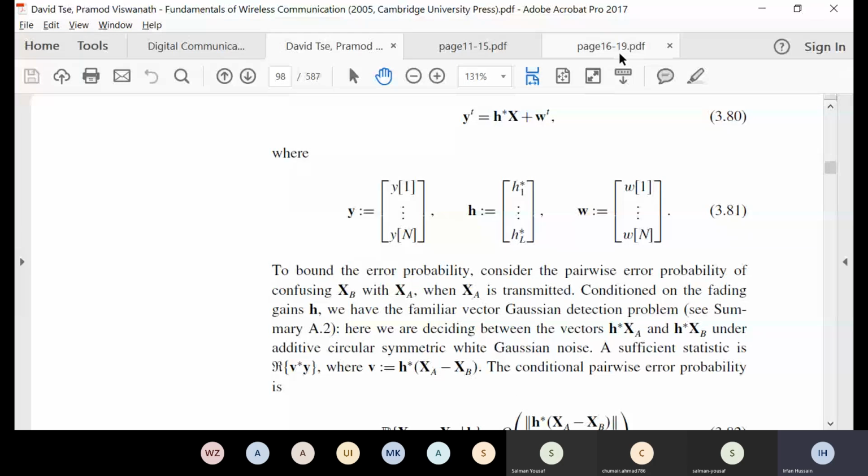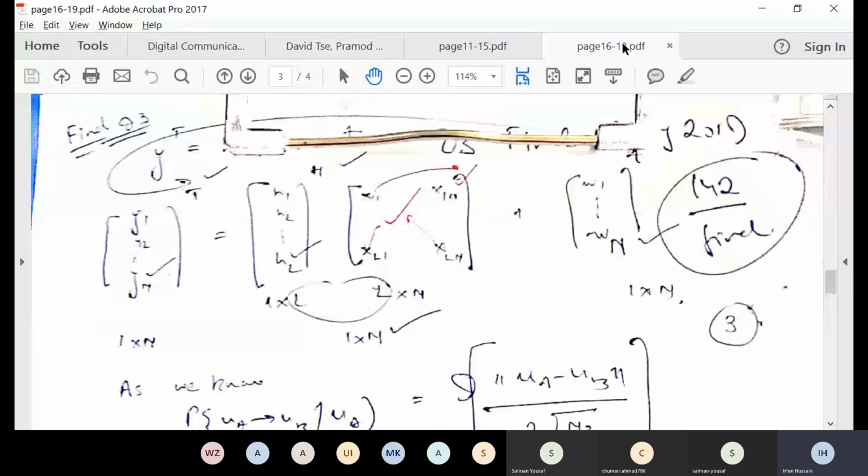Remember that for each different combination of BPSK, you will have different code words. For example, for LMOT, this is the code word.